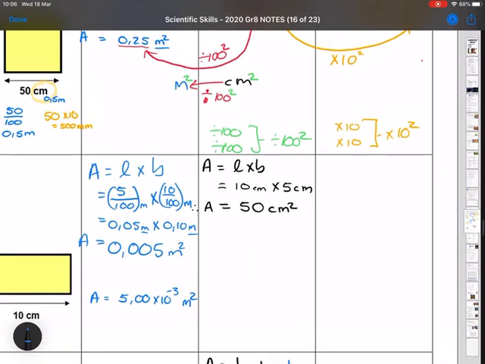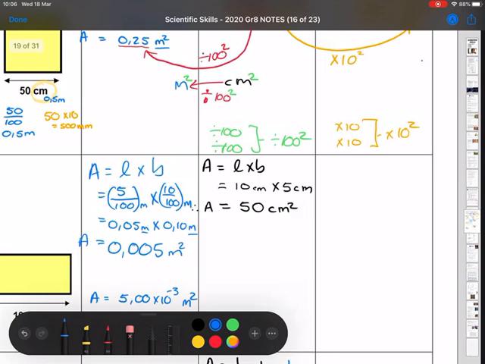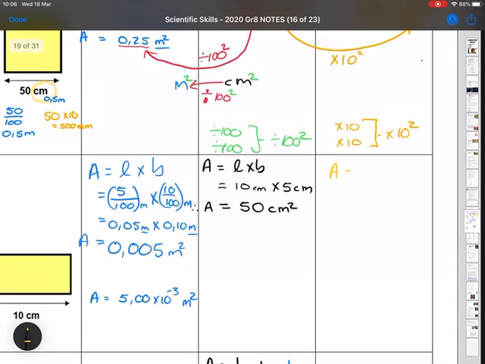Let's have a look at converting centimeters to millimeters squared. Again, formula, area equals length times breadth. Our length was 10 centimeters and 5 centimeters. To convert from centimeters to millimeters, we have to multiply by 10.